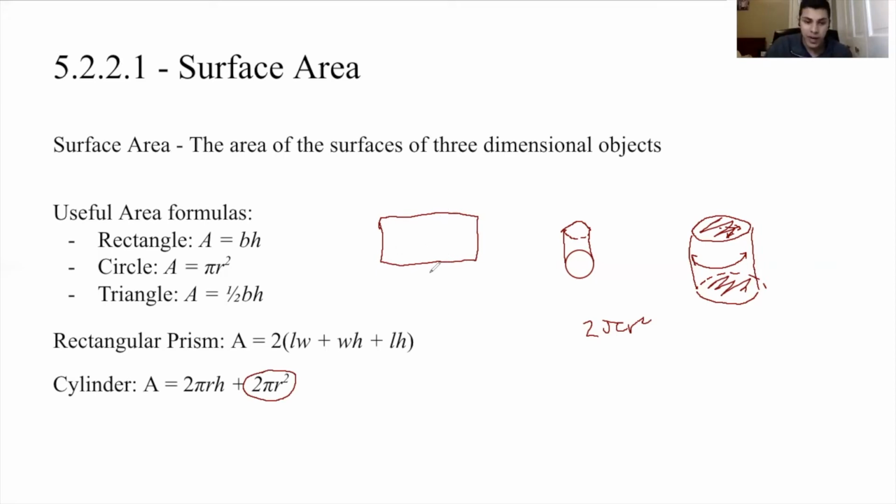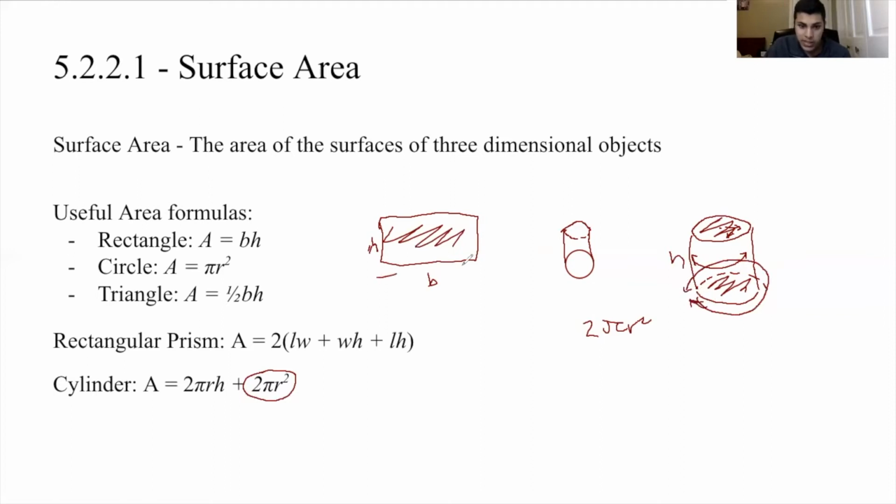Which means if we can find this base here and this height here, when we multiply them, that will be the area of this rectangle and the surface area of this circular wall. So the height of it is just the height, right? That's the height of the cylinder here. That doesn't change. But in order to find the base, well, that's going to be the circumference of this entire part here, the circumference of the circular base.